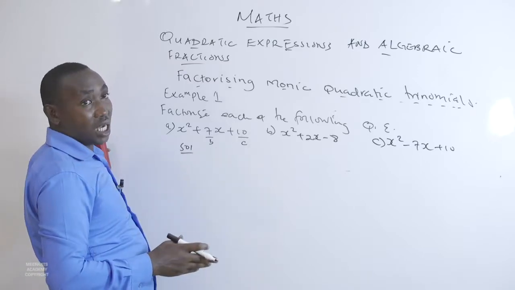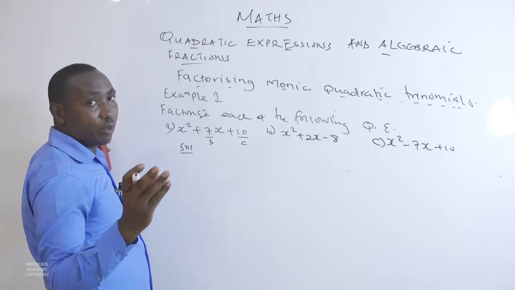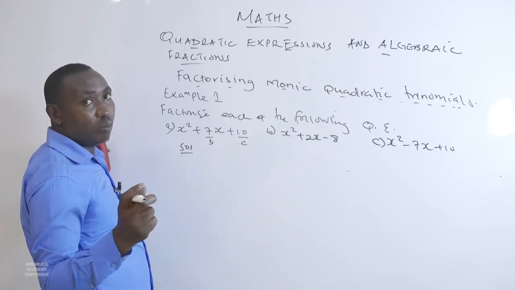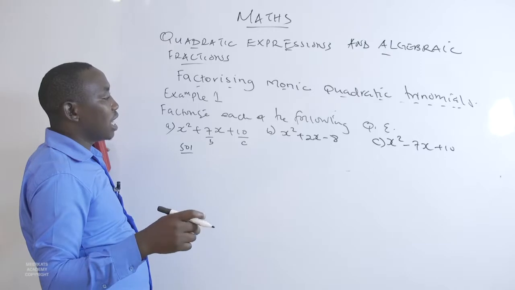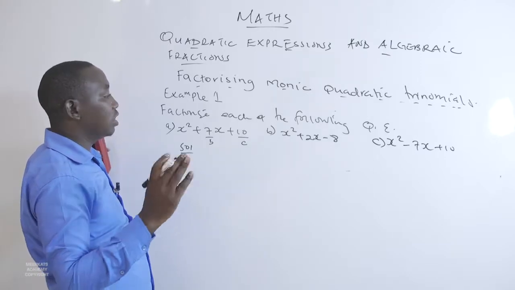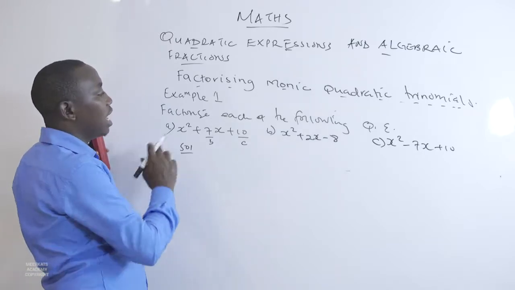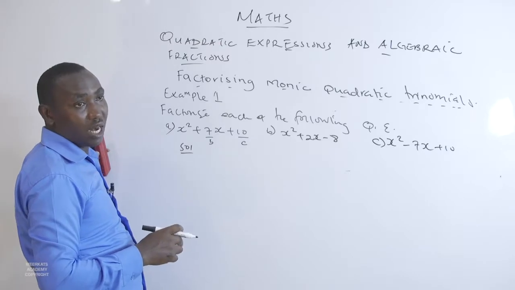When you look at this critically, you'll discover that the two numbers are positive 5 and positive 2. Positive 5 multiplied by positive 2 gives positive 10, and positive 5 plus positive 2 gives positive 7, which is the value of b.